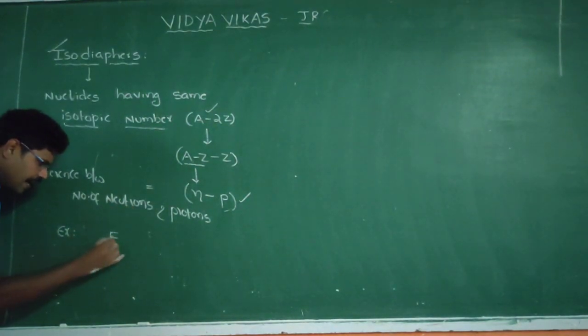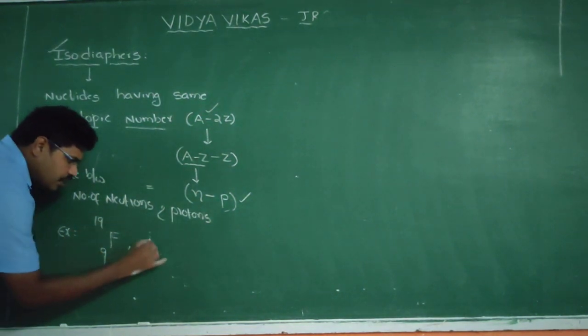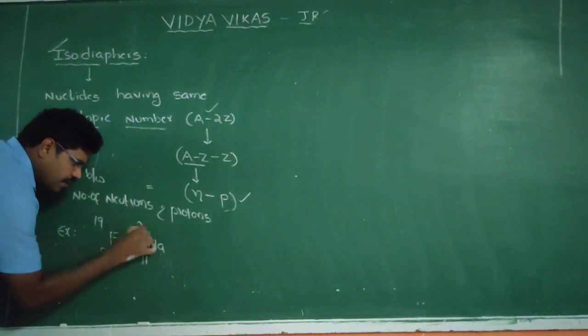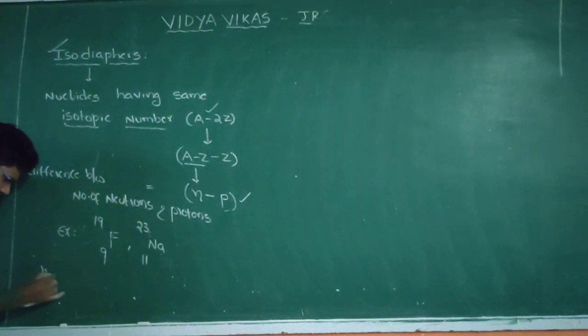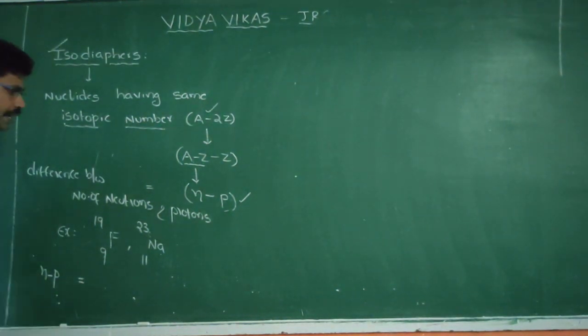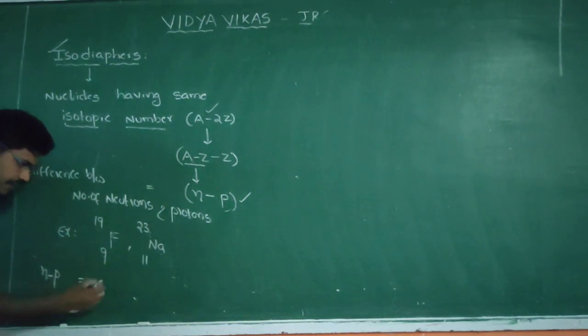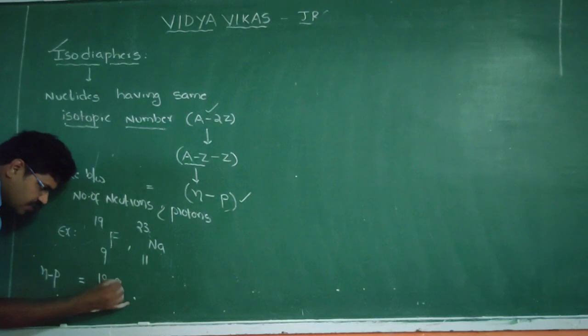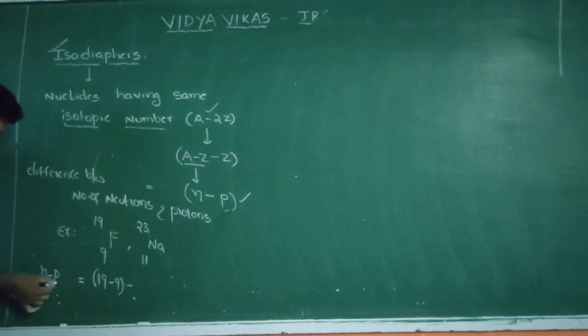Fluorine, atomic number 9, dear students. Do you have any information about its mass number? 19. And sodium, 11 and 23. If you want to calculate their n minus p value, number of neutrons minus protons, the number of neutrons is mass number minus atomic number. That means 19 minus 9, which is 10, neutrons minus protons.